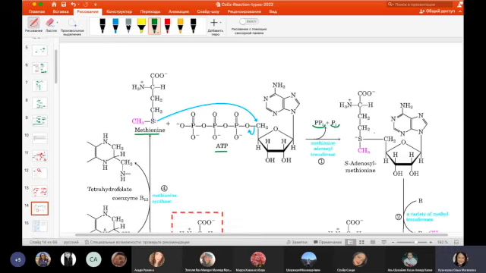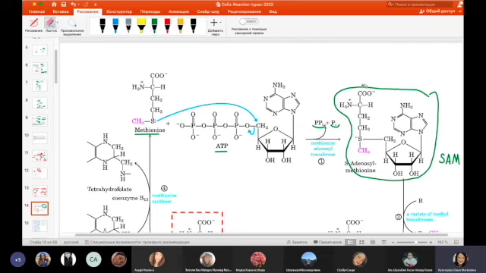S-adenosyl methionine is formed. We can say it is activated methionine, and we can use the abbreviation SAM, Mr. Sam, S-adenosyl methionine.